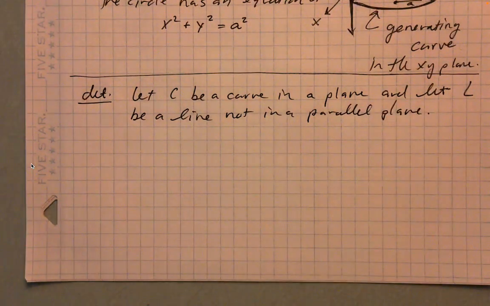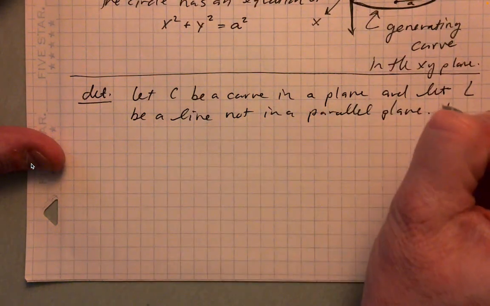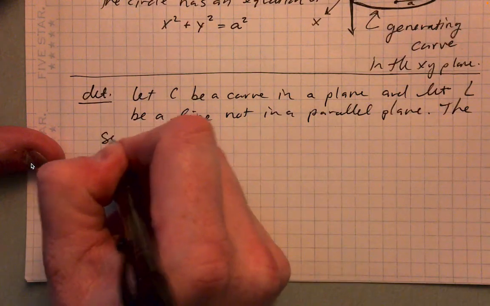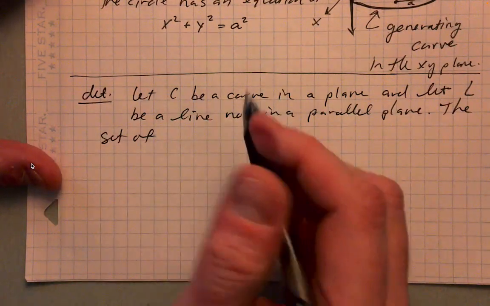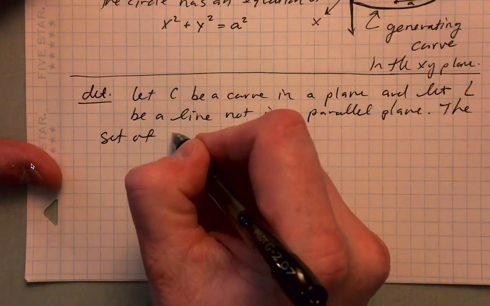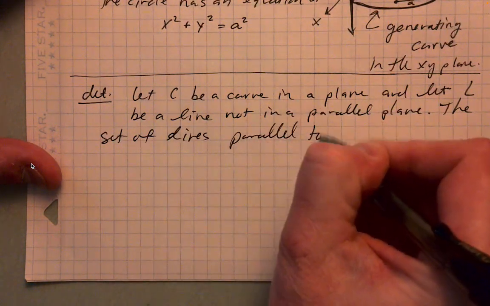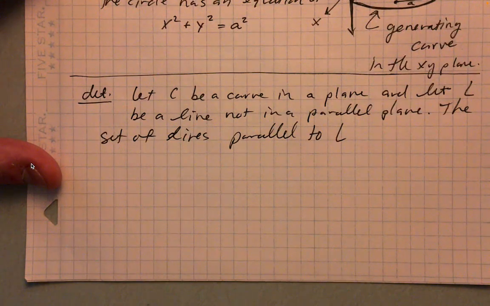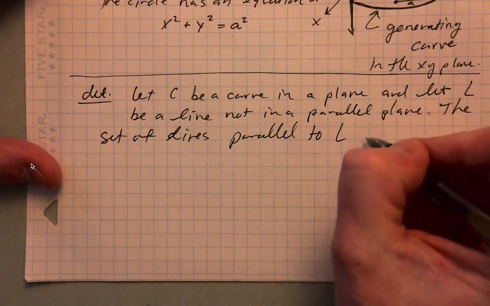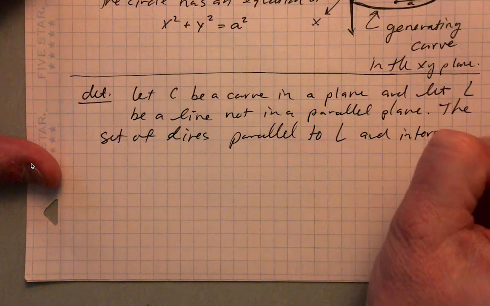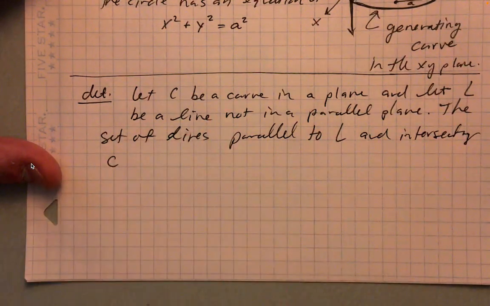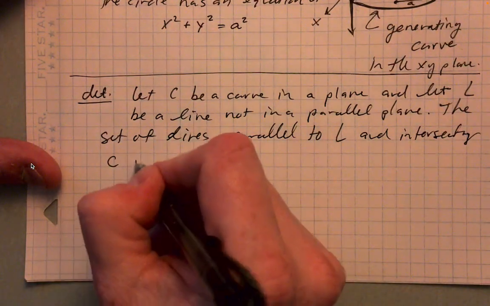So this L basically is perpendicular to the plane that C lies in. Then the set of all lines parallel to L and intersecting C is called a cylinder.